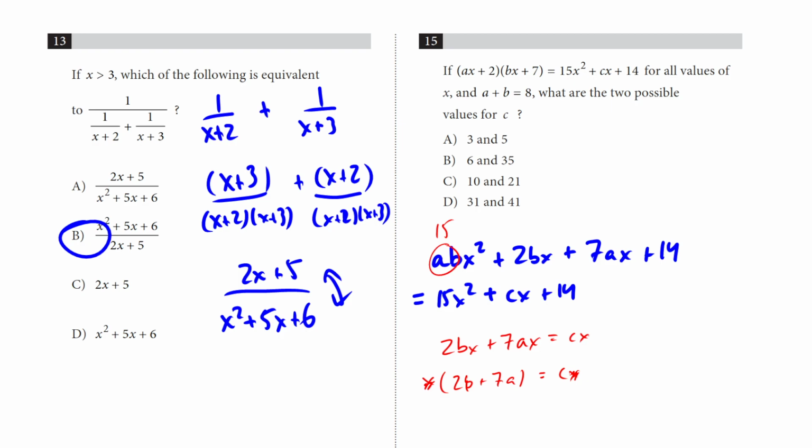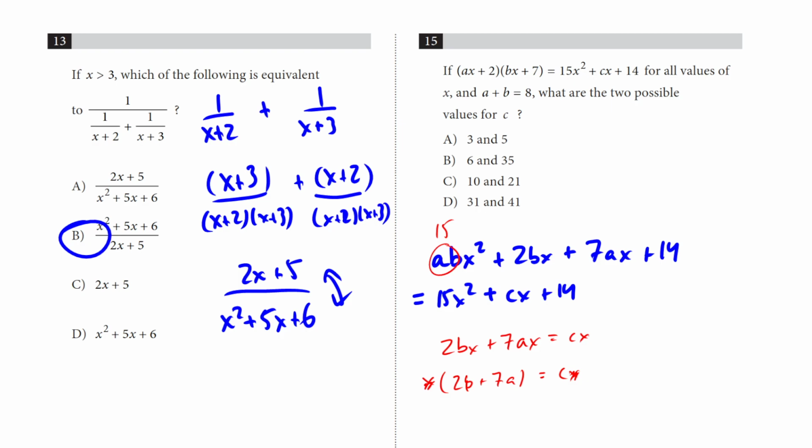Okay, what are we supposed to do with this? We know that a plus b is equal to 8. All right. So, this is kind of embarrassing that I cannot do this anymore. But we can take some problem solving approaches here. Looking at the values of c.